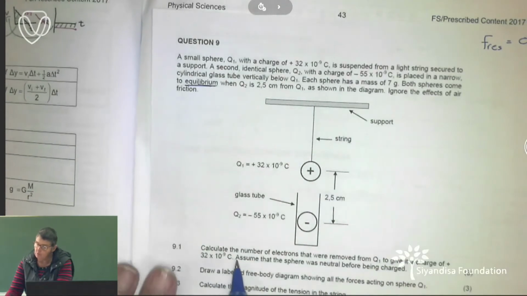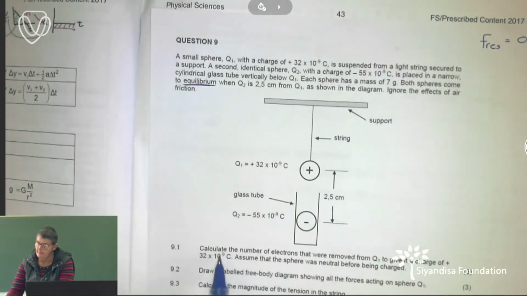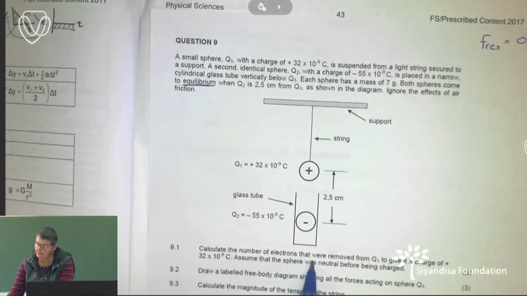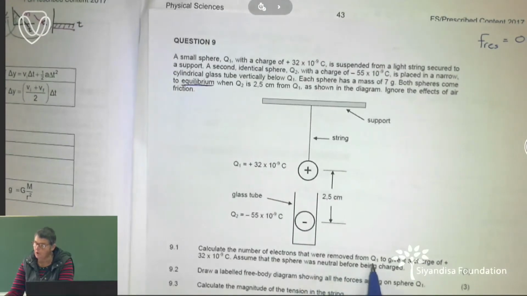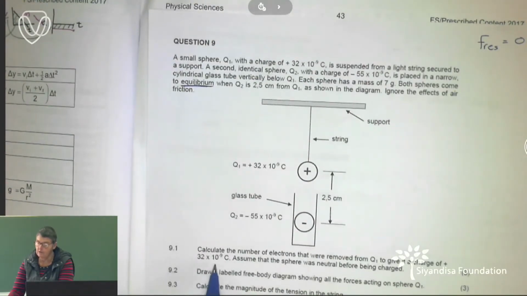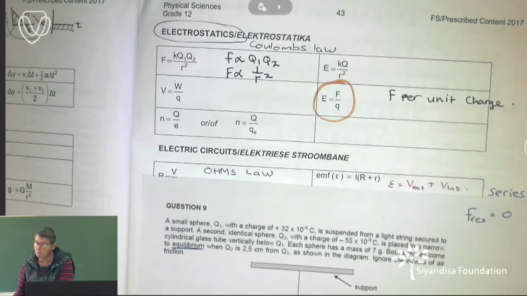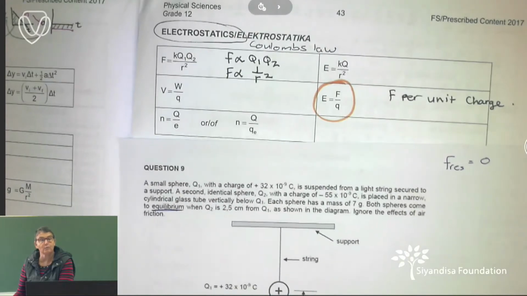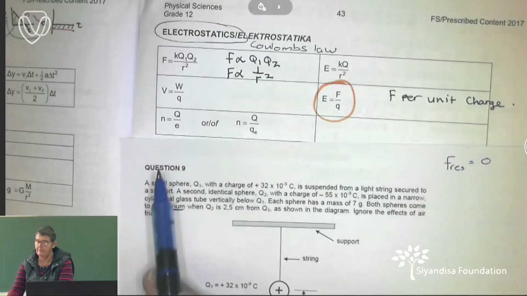Okay. The first question they want to know from us is, calculate the number of electrons that were removed from Q1 to give it a positive charge of 32 times 10 to the negative 9 coulomb. Okay. And now they give us that little formula there. There we have it.